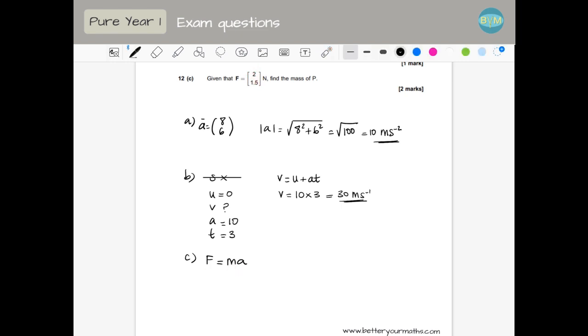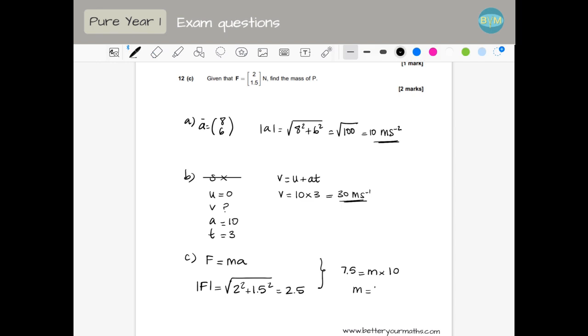So the magnitude of the force is going to be the square root of the components squared, so 2 squared plus 1.5 squared. This is 2.5, which means if I go to the equation, I have 2.5 is going to be the mass times acceleration, which is 10, the magnitude of the acceleration.